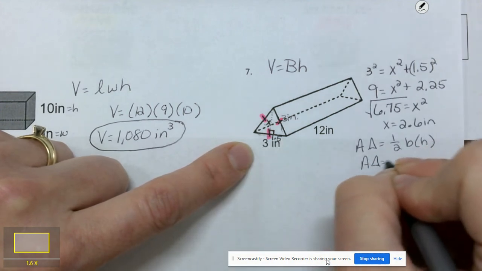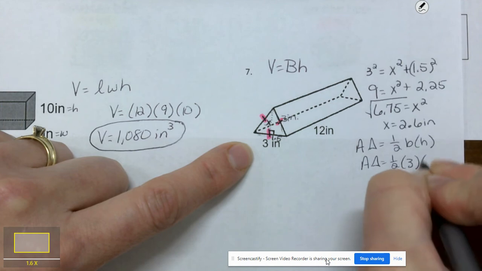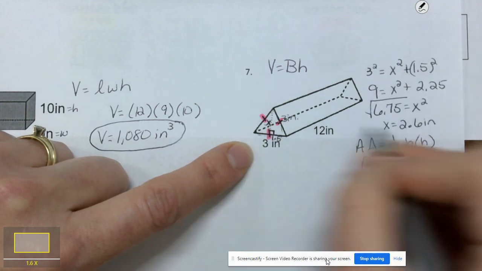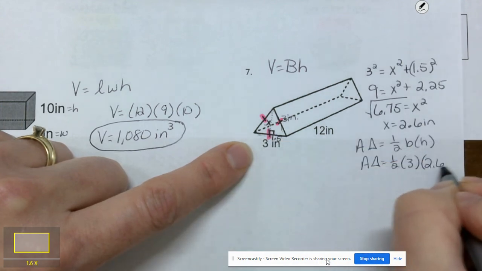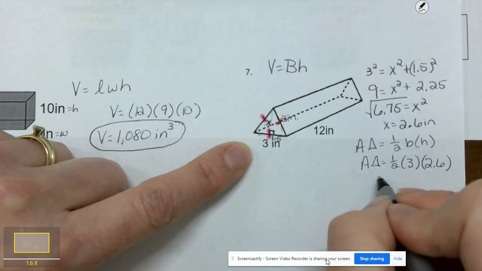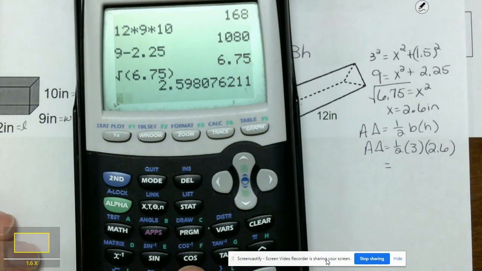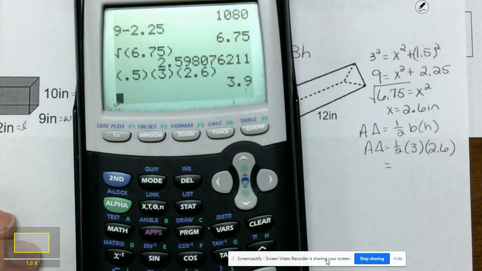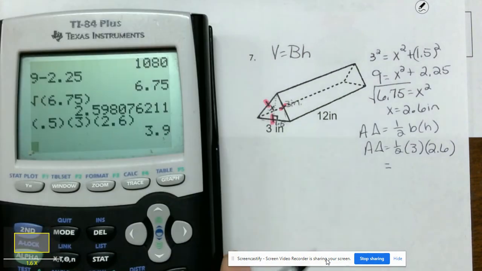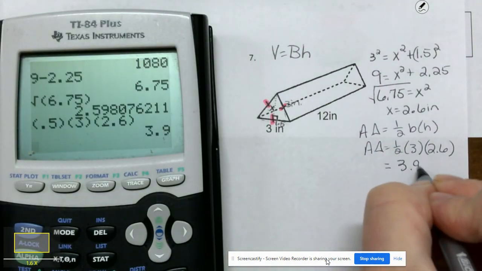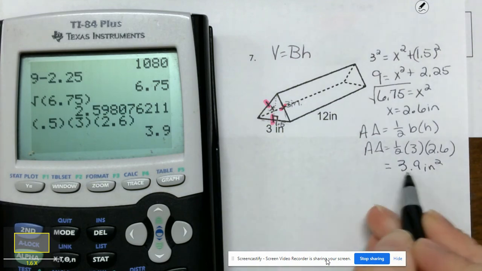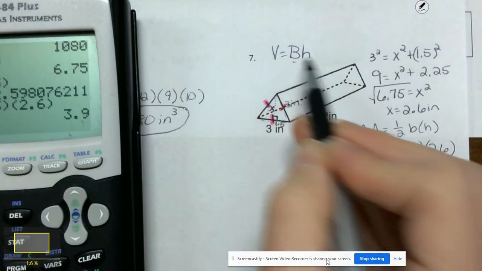So the area of the triangle is 1/2 of 3 times h, and h I found to be 2.6. If you key this in the calculator, half is 0.5, so I'm just going to put 0.5 times 3 times 2.6. We get 3.9. So this is 3.9 inches squared, and that is the base area here.